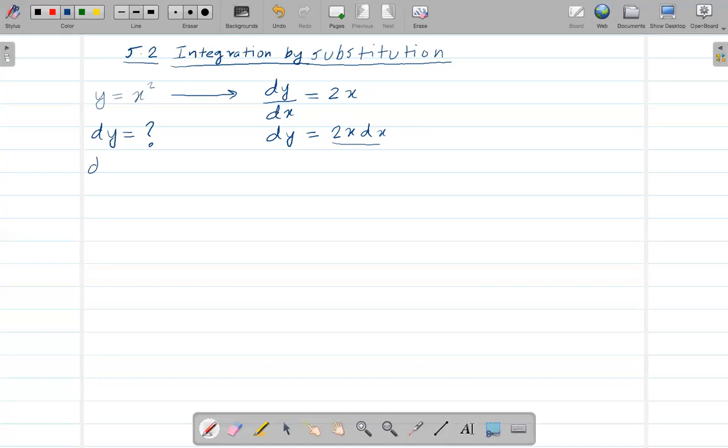Or if you're looking for dx, then from this point we can just divide both sides by 2x, so that will give the value of dx, which is 1 over 2x dy.